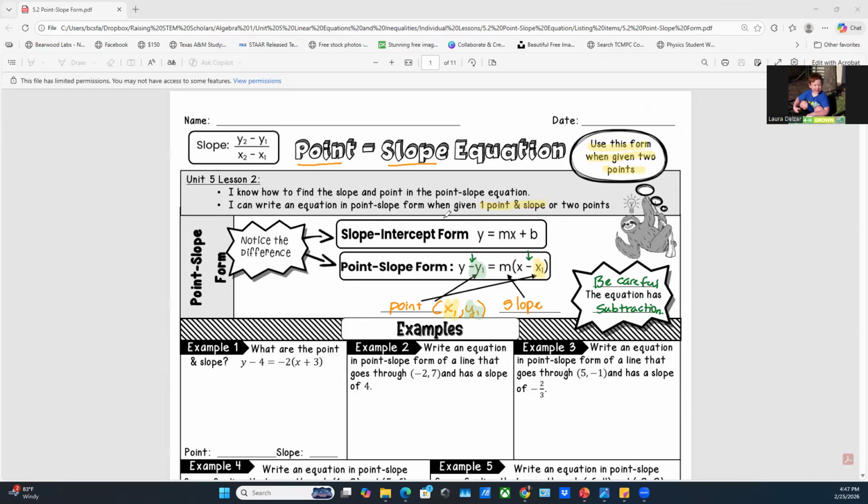Let's look at this first example here. I am going to compare this to point slope form.